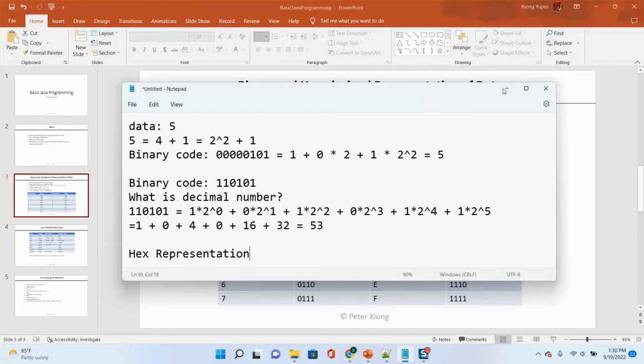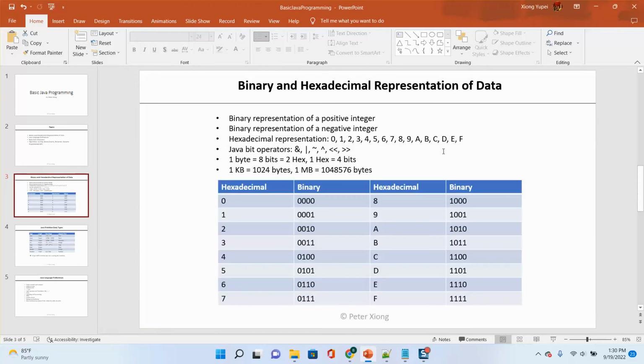The good thing is that hex is base 16. So if you add to 16, you have a carryover of 1. This is for hex. So every 4 binary bits is equal to 1 hexadecimal digit. So here I have a table. 0 is 0000, 1 is 0001, and so on until 9.